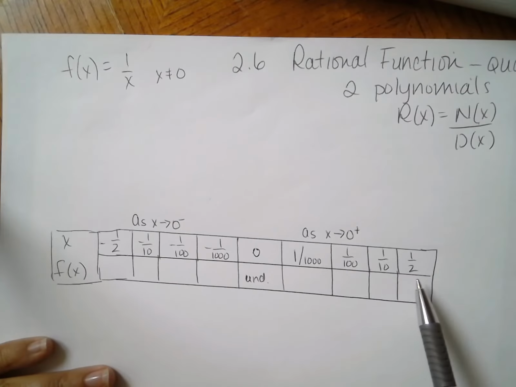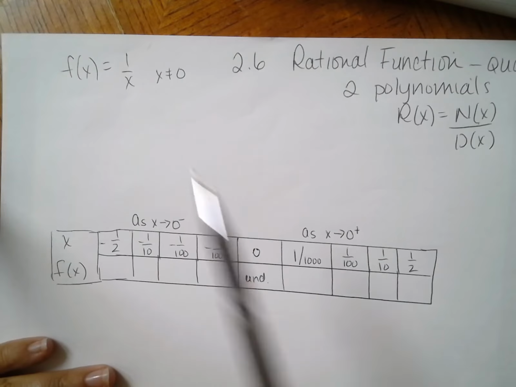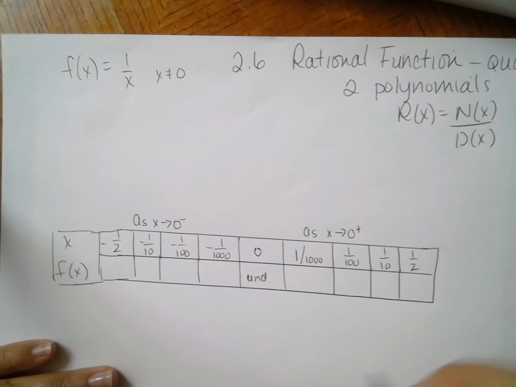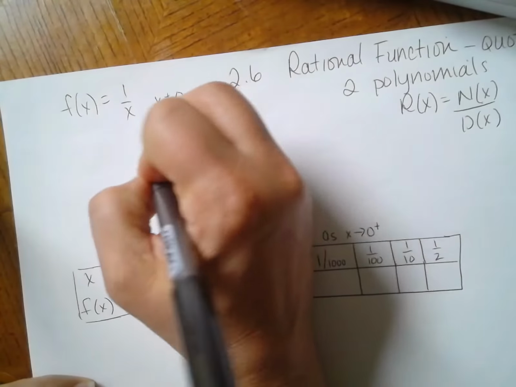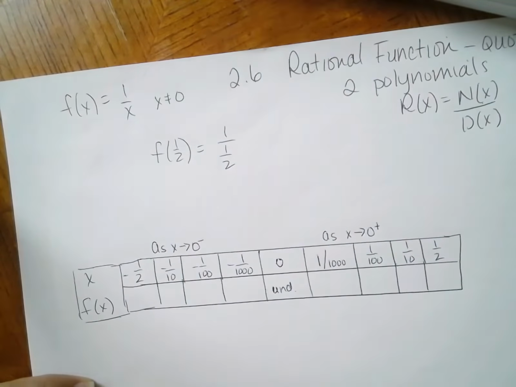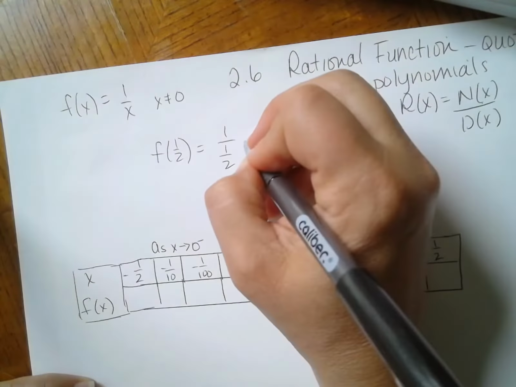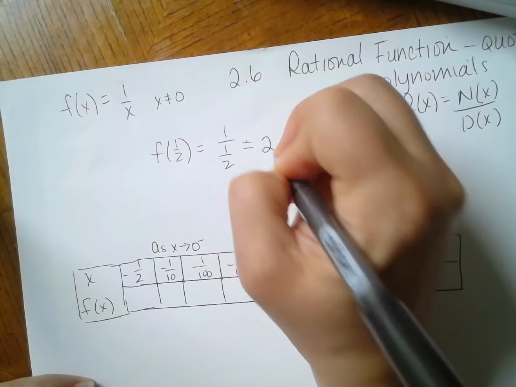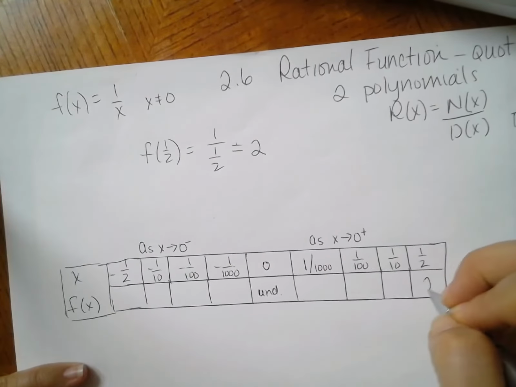So let's start with the positive side. If I plug in a half into f, f of a half is 1 over 1/2, right? So we multiply by the reciprocal, and this ends up being 2, okay?